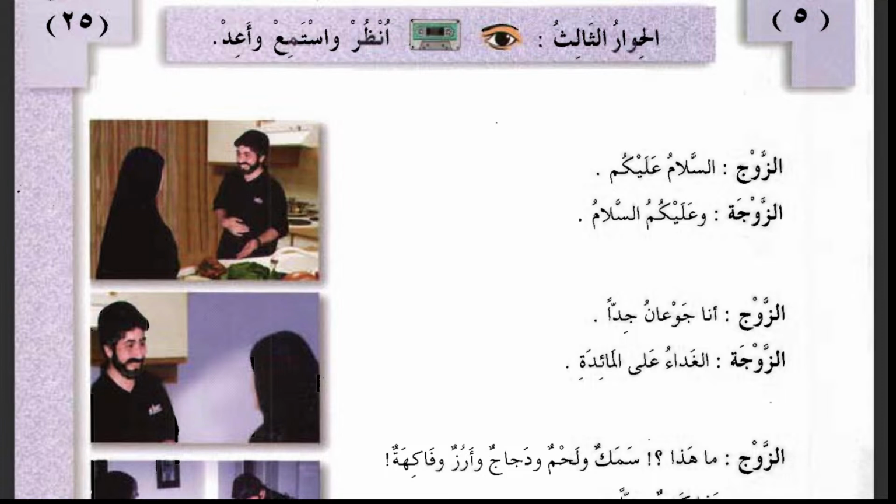But just to note, this word, Az-Zawj, the official original meaning is one part of a pair, any part, right? Anything that comes in a pair, one of those pair is a Zawj.